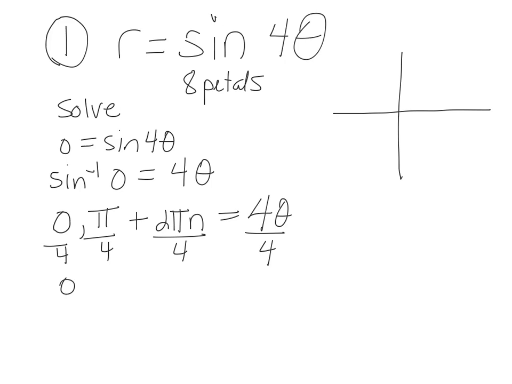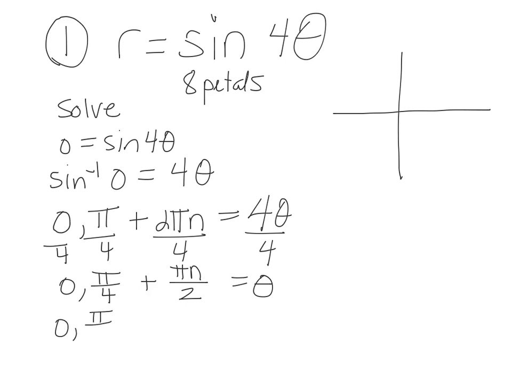So you get 0, pi over 4, and then you're adding, see, 2 over 4 would be 1 over 2. So this would be pi n over 2 equals theta. So basically, adding pi over 2 to each of these: if you add pi over 2 to 0, you get pi over 2.